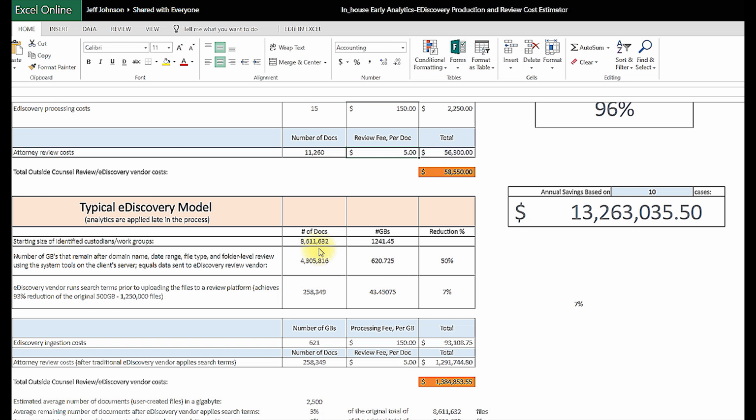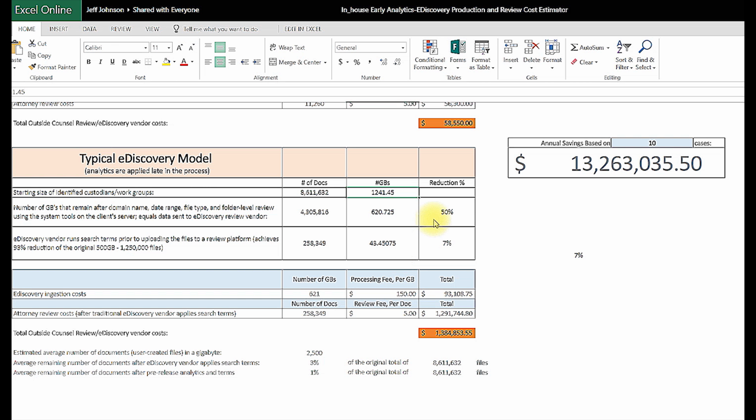So here we go again. We started with 8 million documents, 1,200 gigabytes, and culled that down 50% using basic metadata. And then the typical e-discovery model will run terms. Now this 620 gigabytes ends up going to outside counsel. You can see that here.